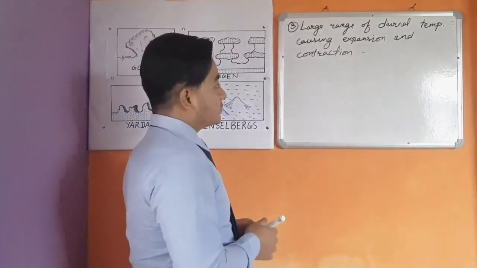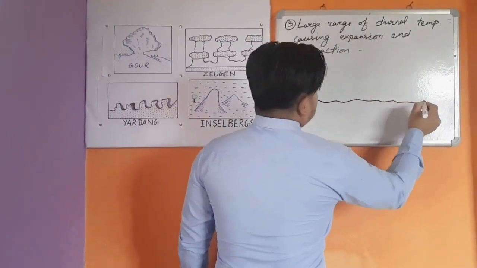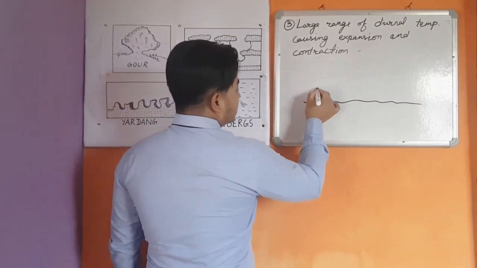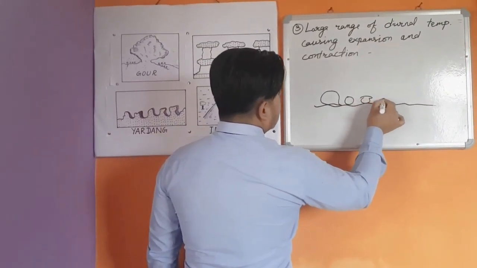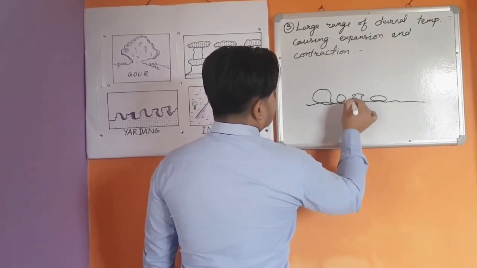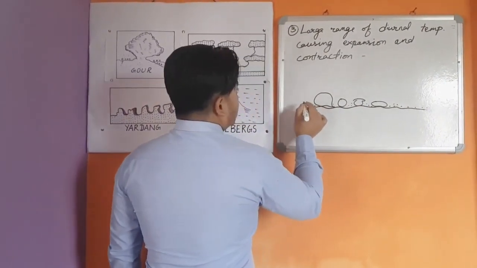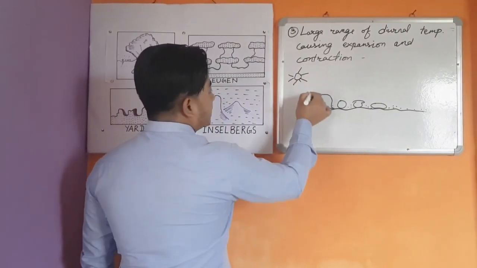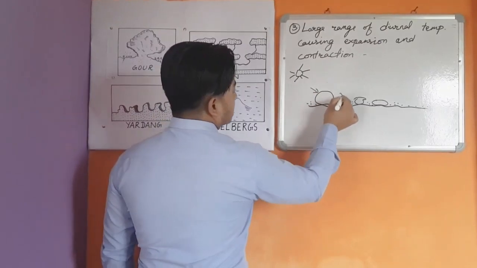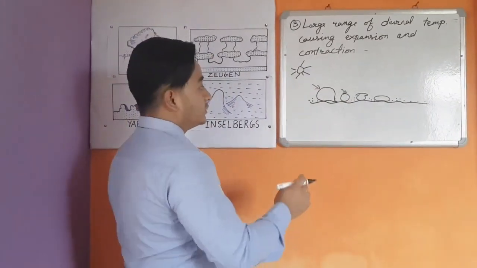Let me explain this with the help of a diagram. For example, desert areas are filled with big and small blocks of rocks and sand particles. During daytime, in the presence of the sun, these rocks have the tendency to get heated up.